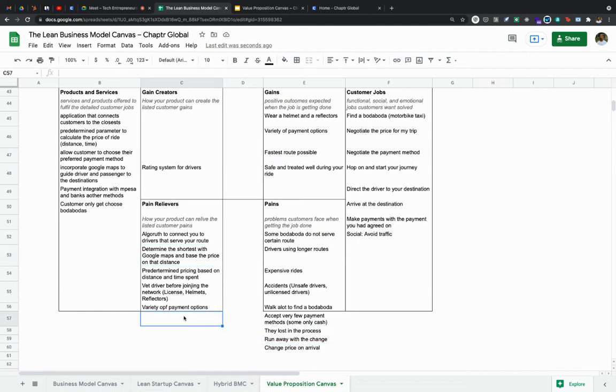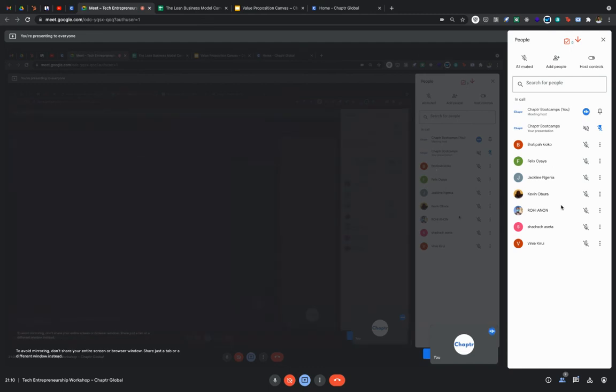How can you solve that, guys? People who run away with the change will change the price on arrival. I think the changing price on arrival will still be based on predetermined pricing based on distance and time spent, right? So how do we deal with people who run away with the change, in case you pay with cash, because it will still be an option? How do we deal with that?